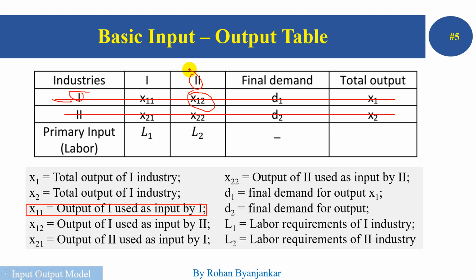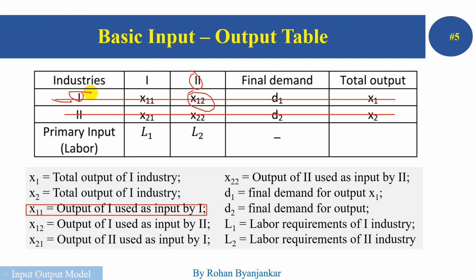This means that industry 1 has sold its output to industry 2, so it is supplied by industry 1 to industry 2. And the final demand is actually the demand by the household sector or government sector or any external sectors, and this is also the supply by industry 1.